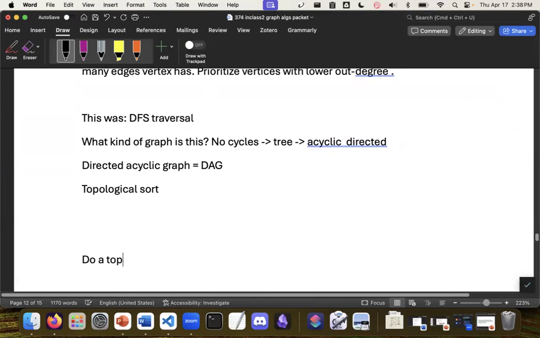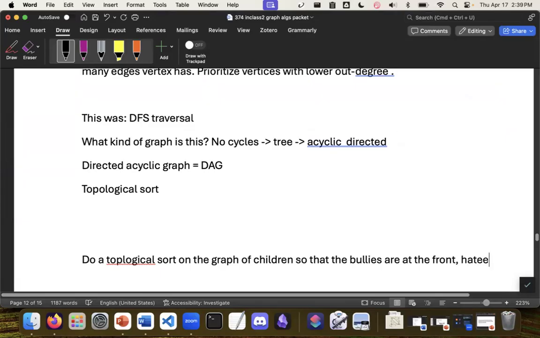do a topological sort on the graph of children so that, I don't know, if we say bullies, the bullies are at the front, the hatees are at the back.